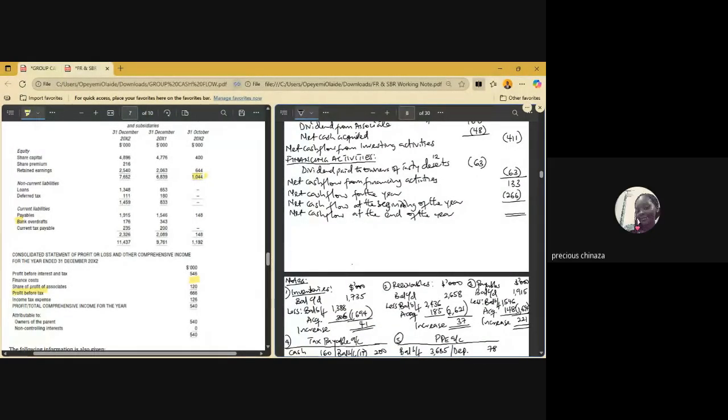Negative 133, which tallies with our balance at the end of the year.